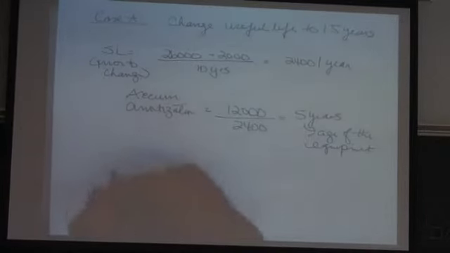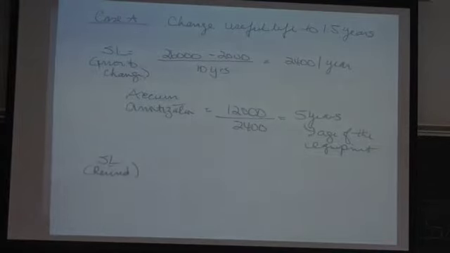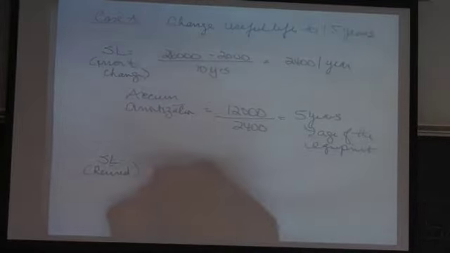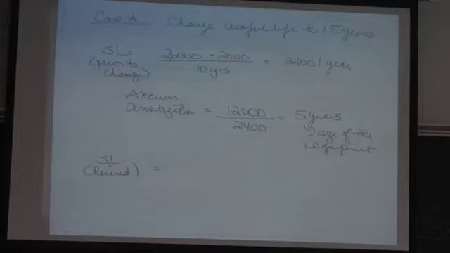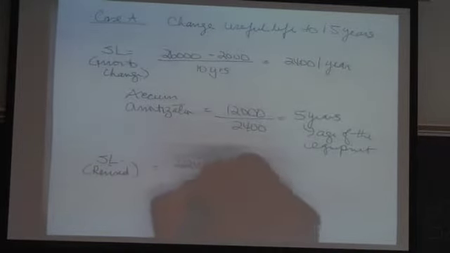Now, what we want is to calculate the revised straight line amortization at the beginning of year 6. So first, how do we calculate the revised depreciation expense? We want to first calculate the net book value of the asset prior to the change.